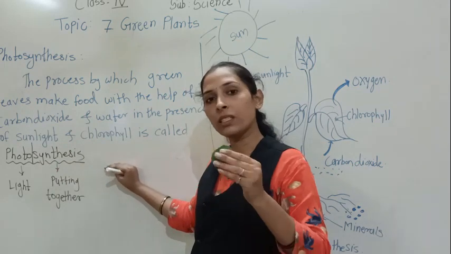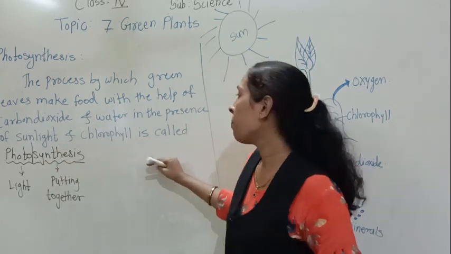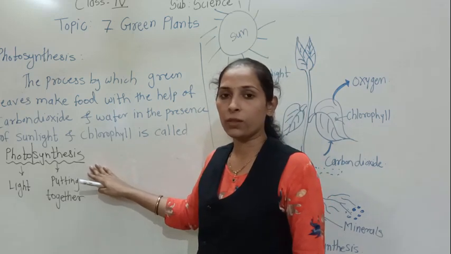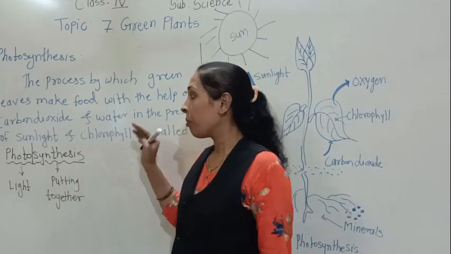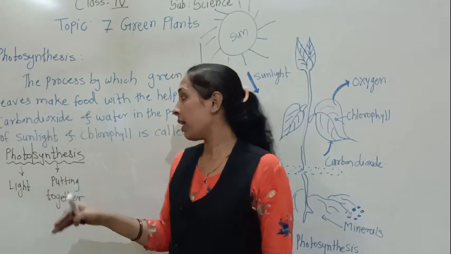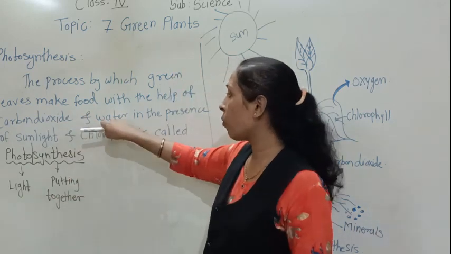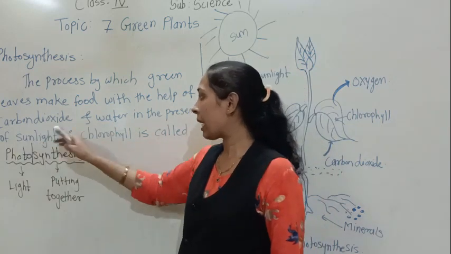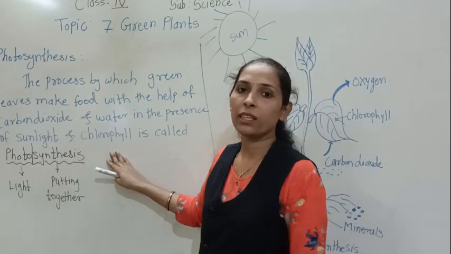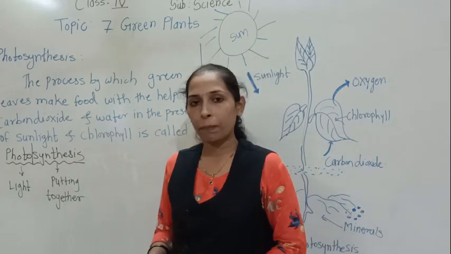That process is called photosynthesis. In this way the food gets prepared in the plants with the help of carbon dioxide, water, sunlight and chlorophyll. These four raw materials are required to make the food in the plants.